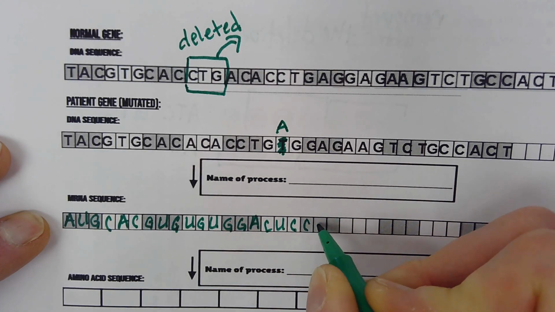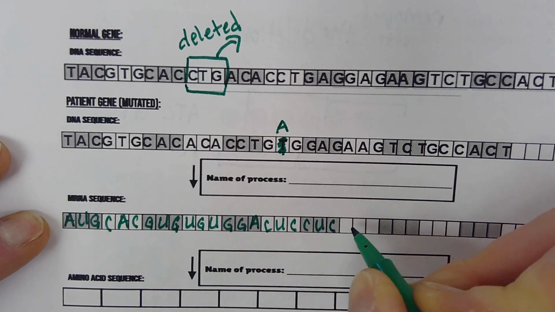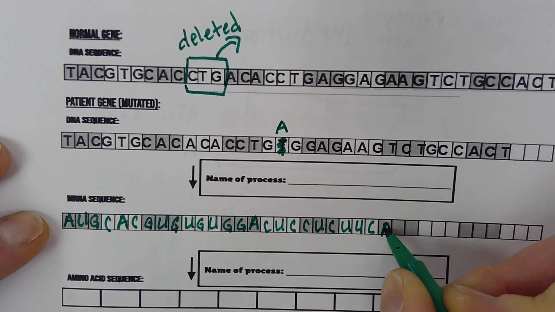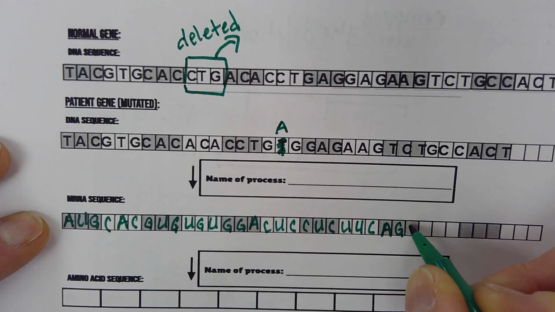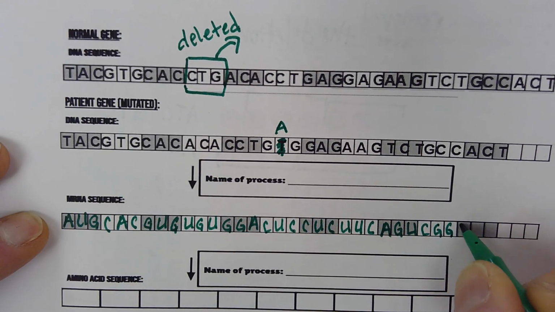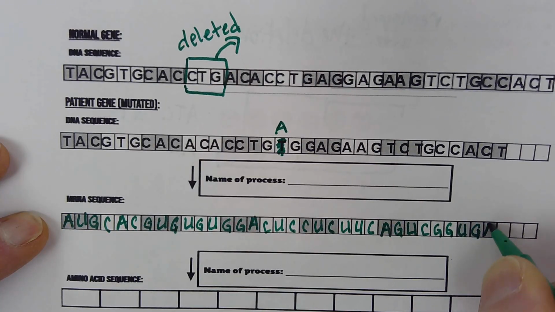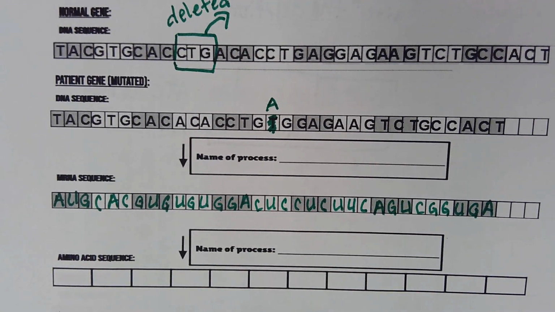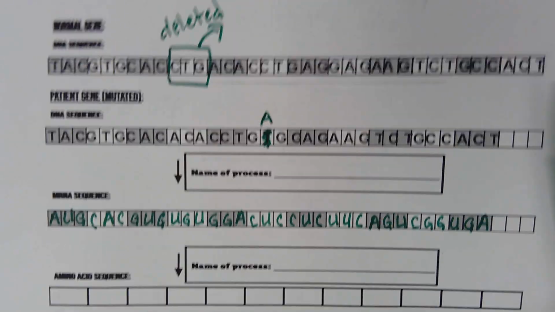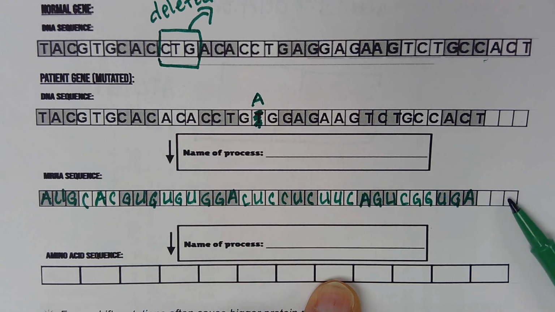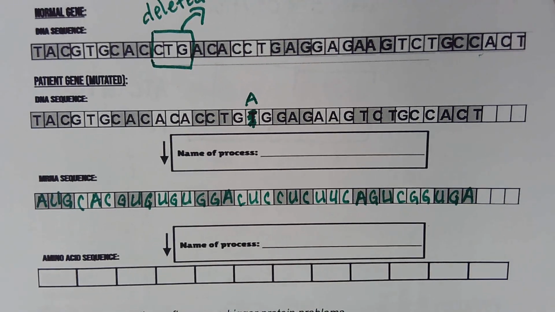If you see me making a mistake, please stop me. I don't have a key in front of me. And again, you're going to get more practice doing this, so that's why I'm moving quickly through. So again, you can see that because the DNA had a deletion, that means the RNA has fewer codons as well.